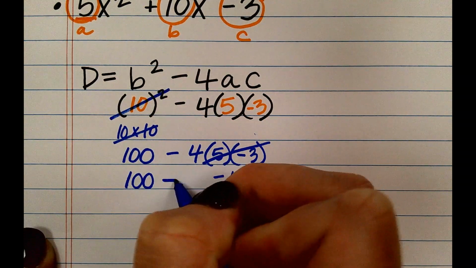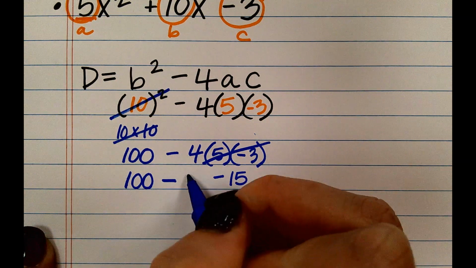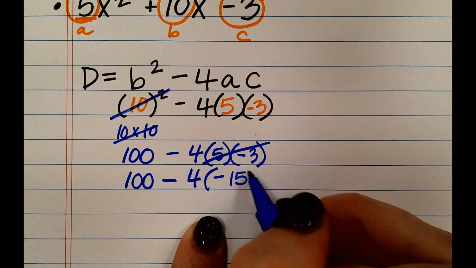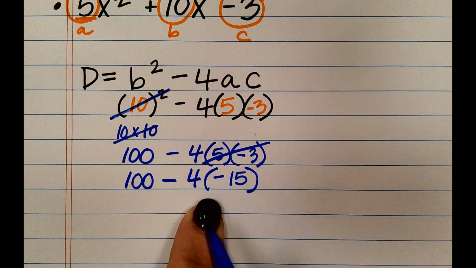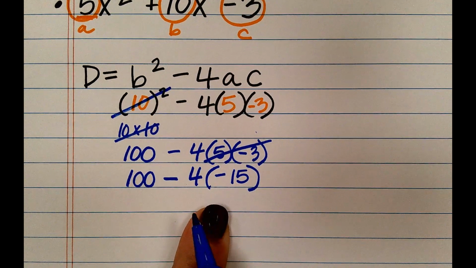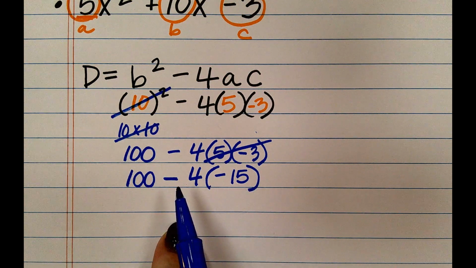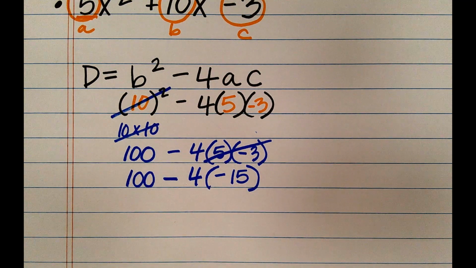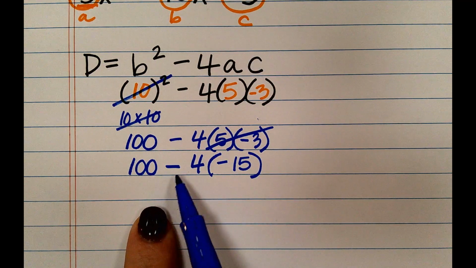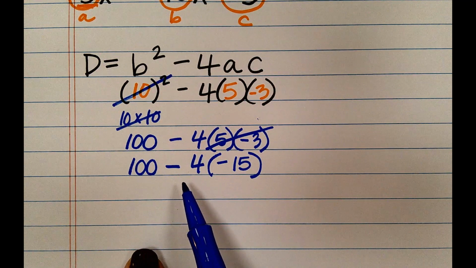100 minus 4. Now this, be careful. 4 times negative 15. This is all multiplication still. So now 60. 4 times 15. Now, Angela, tell me, why did you change that to a plus? You're right.